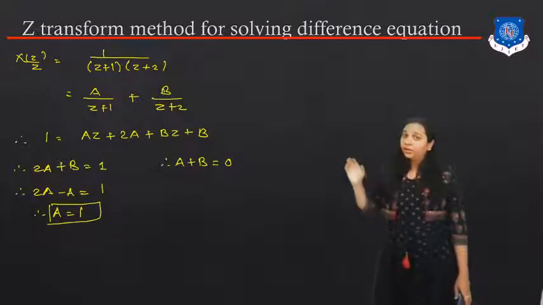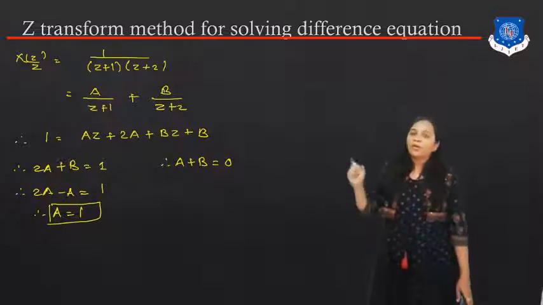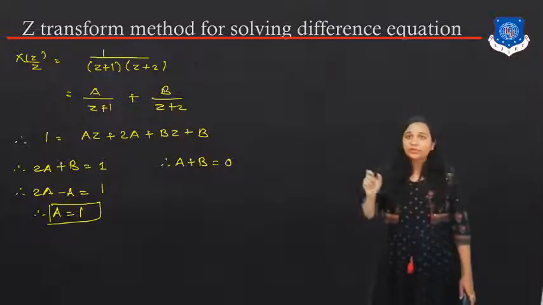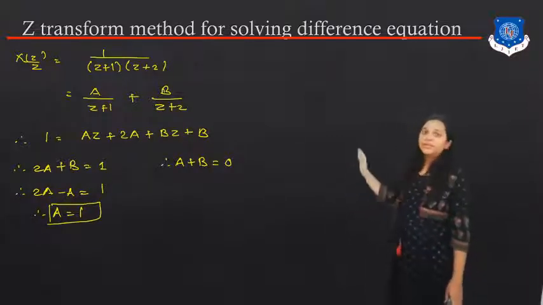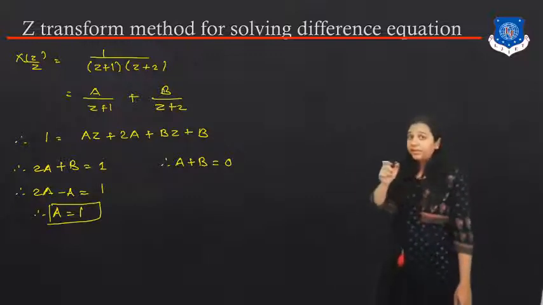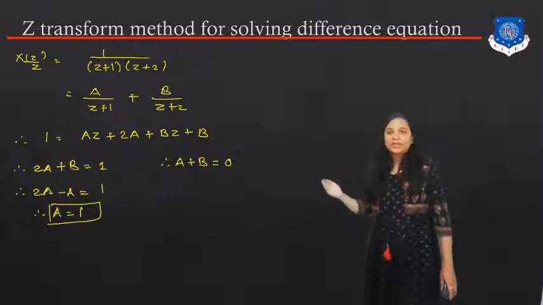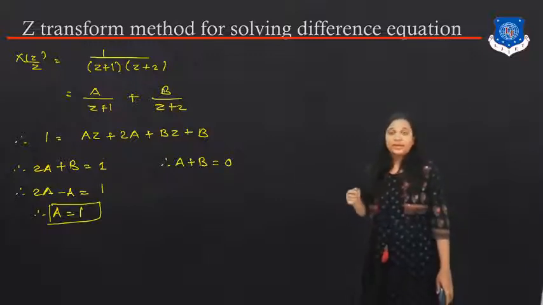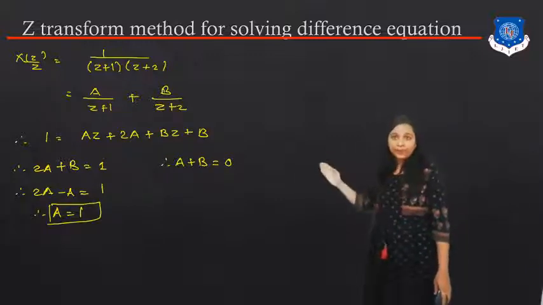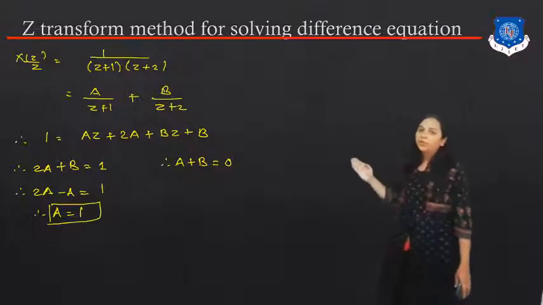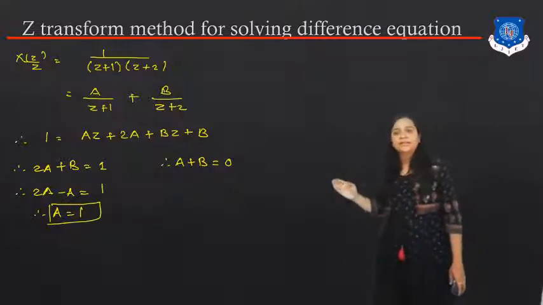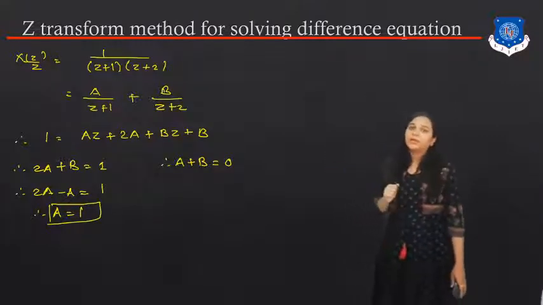We can get 1 is equal to, by cross multiplication, a into z plus 2, that becomes az plus 2a plus bz plus b. In the left hand side only a constant term is there, so we can write the equation like this: 2a plus b is equal to 1. And the next equation is a plus b is equal to 0.